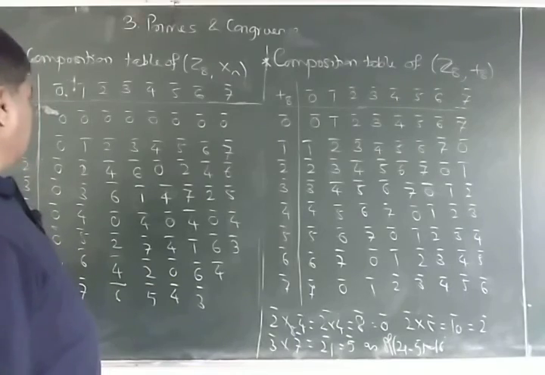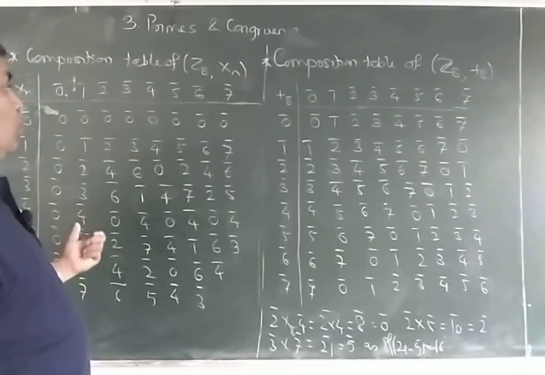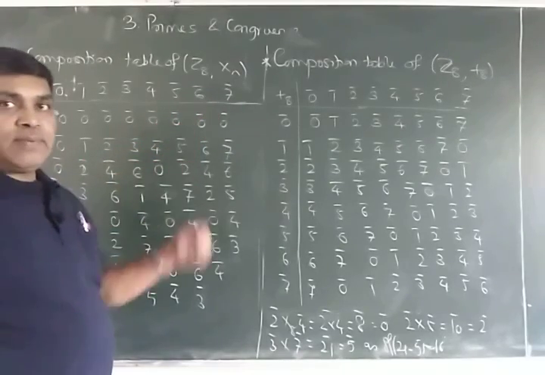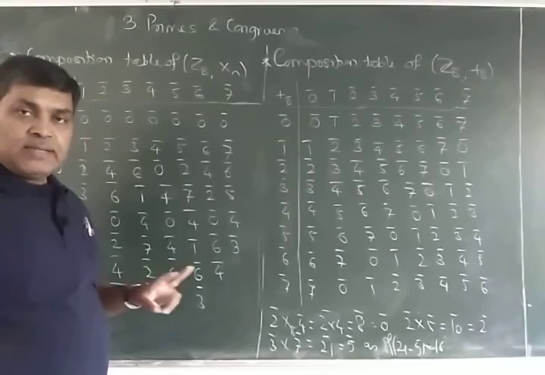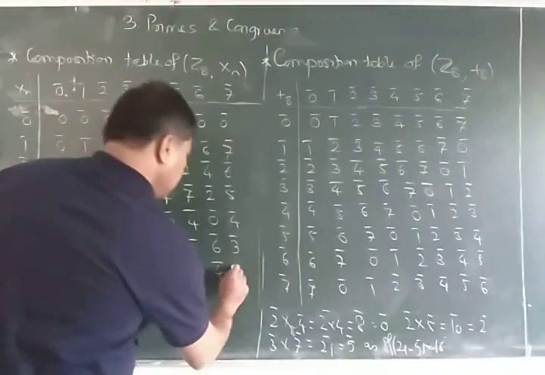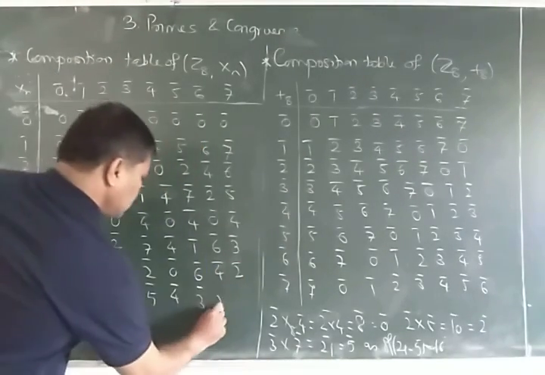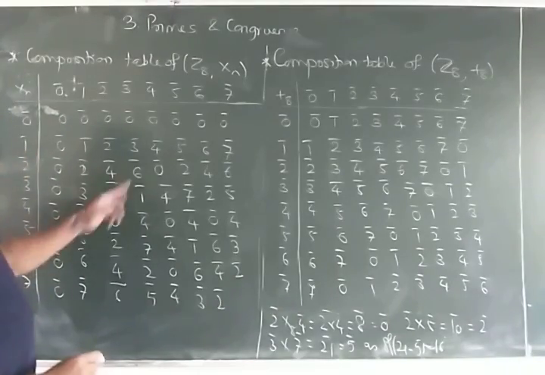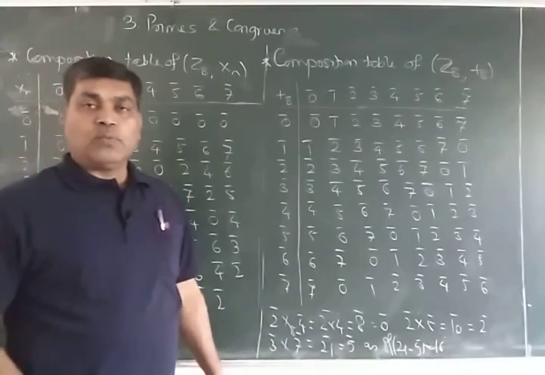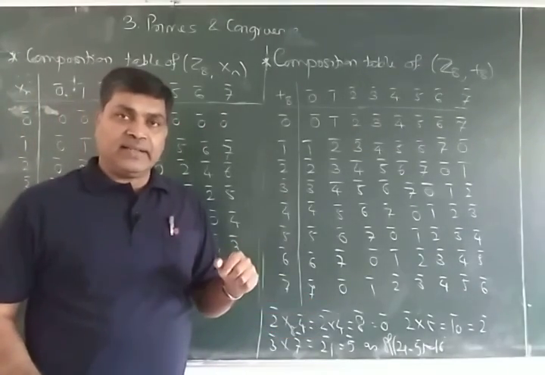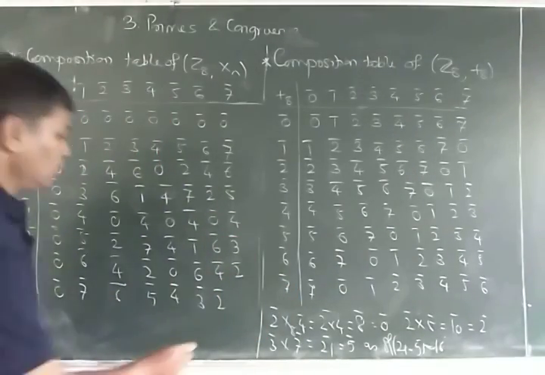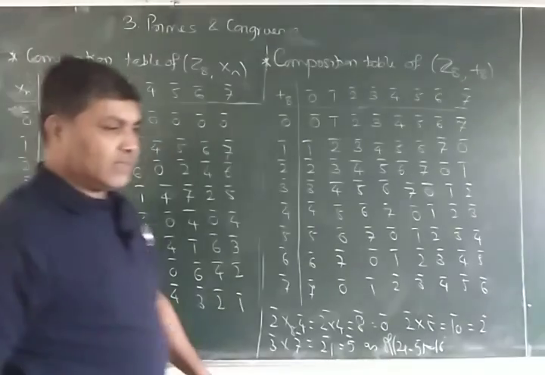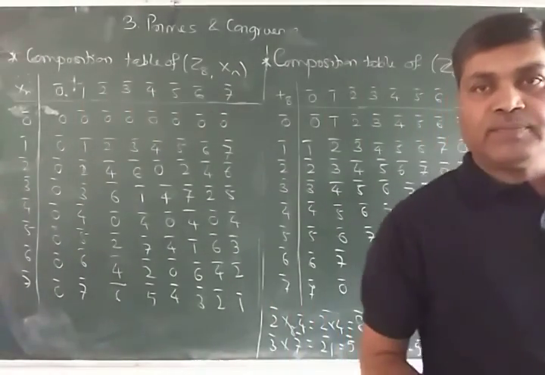Then 6 into 7 is 42. 42 divided by 8, 8 5s are 40, the remainder is 2 bar. And 7 into 7 is 49. 49 divided by 8, 8 6s are 48, the remainder is 1 bar. Is it clear?